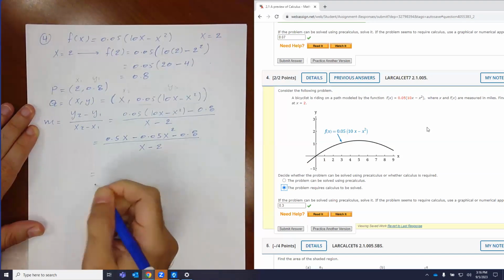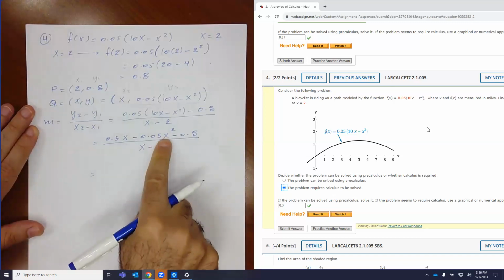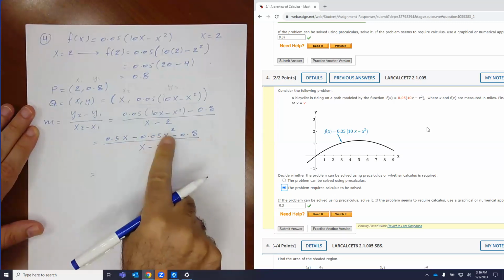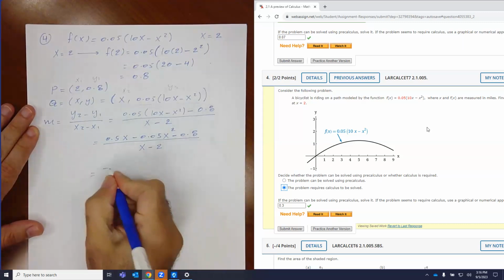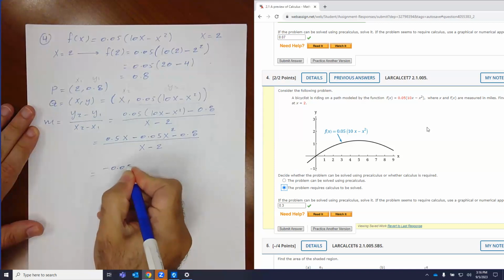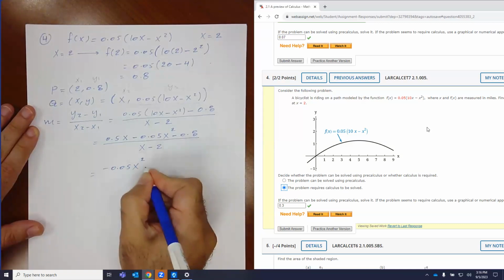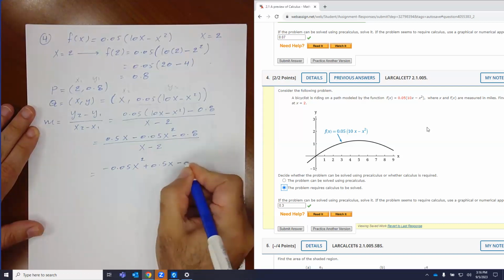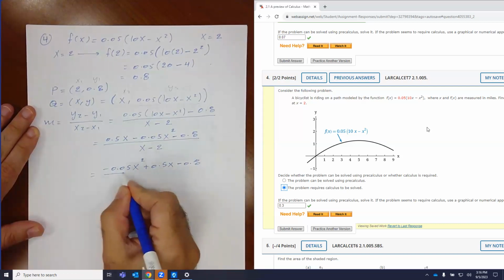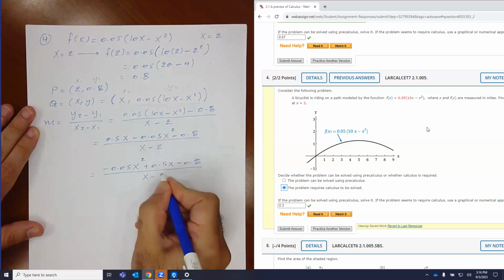Now, this part has x squared, it's a quadratic, x squared, x, and the number by itself. So I'm just going to arrange it: negative 0.05x squared plus 0.5x minus 0.8, and everything divided by x minus 2.